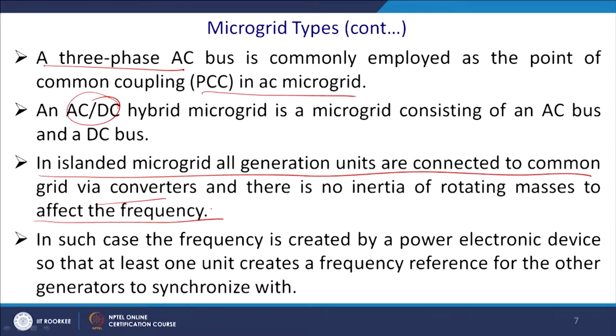Since you do not have any rotating entity and you have only switching devices, the inertia of the system is much less than the conventional synchronous generator. So, inertia will come down. For this reason it requires very fast action of the controller. The controller has to act quite fast compared to your SCADA and the conventional grid. In such cases, the frequency is created by the power electronics devices.